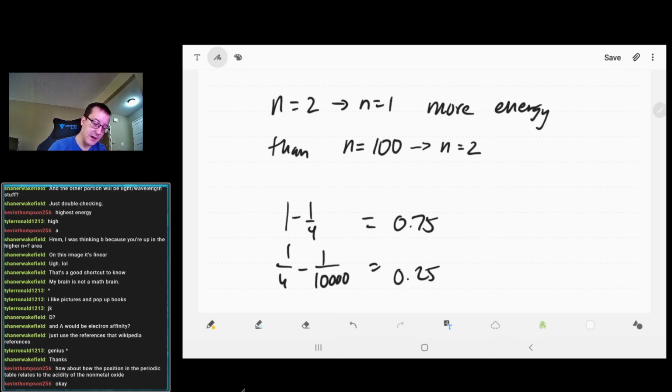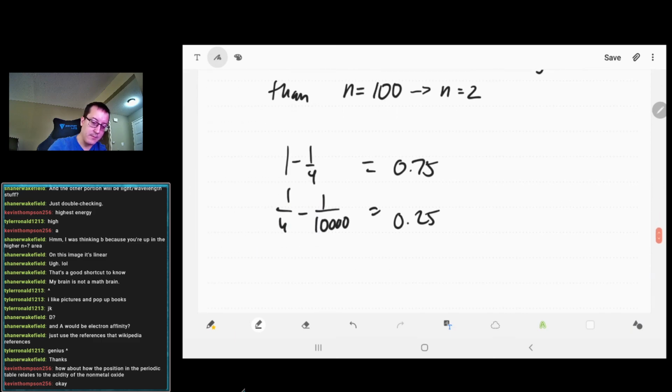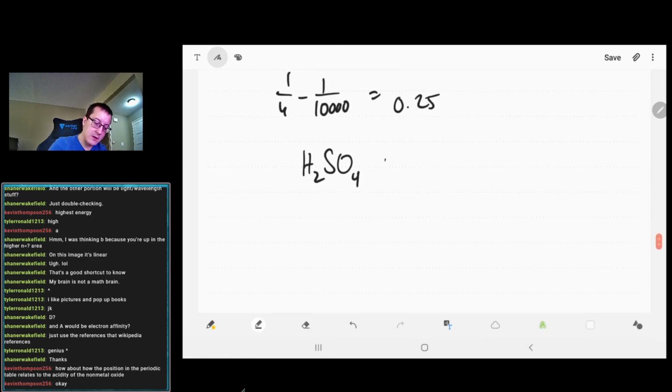We're going to see, for example, sulfuric acid, very strong acid, of course, comes from SO3.